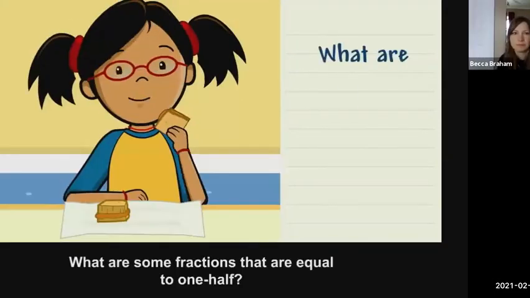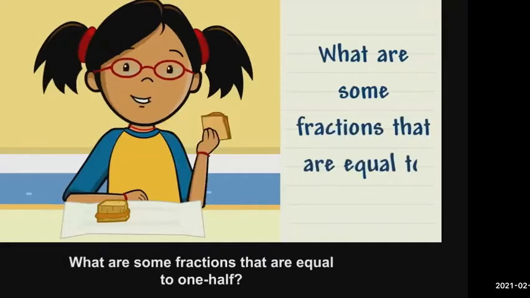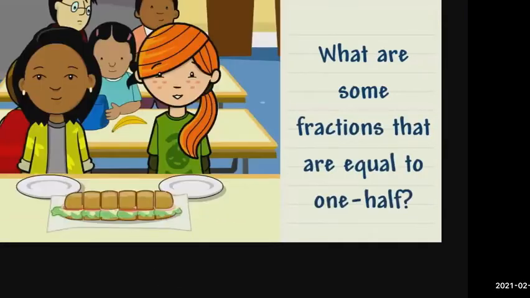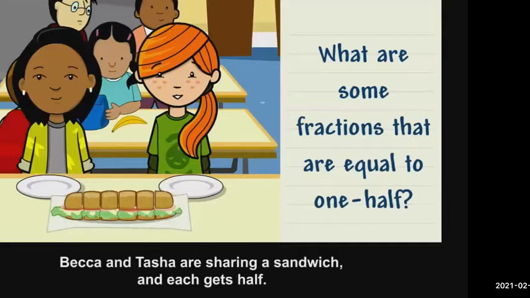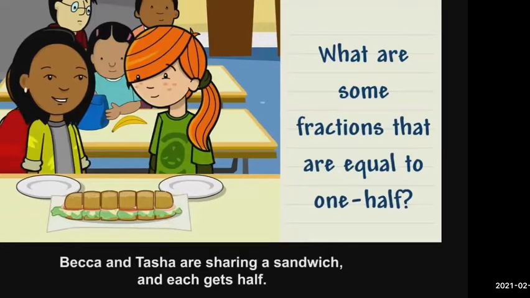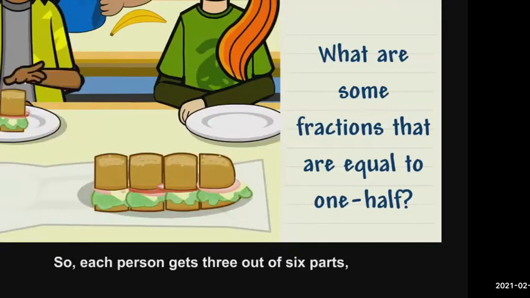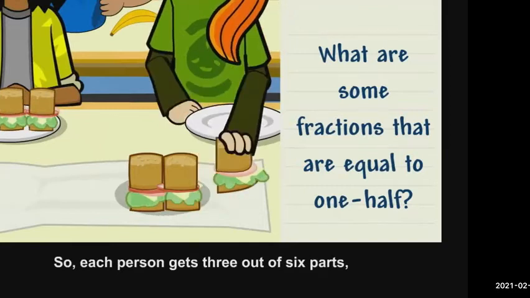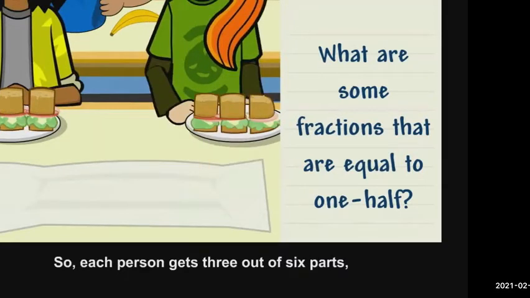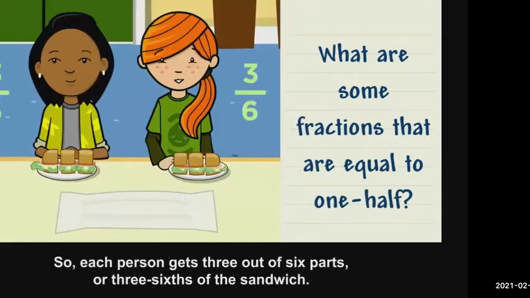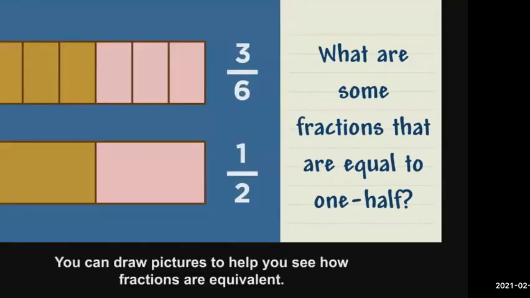What are some fractions that are equal to 1/2? Becca and Tasha are sharing a sandwich, and each gets half. Their sandwich has 6 equal parts. So each person gets 3 out of 6 parts, or 3/6 of the sandwich. You can draw pictures to help you see how fractions are equivalent.